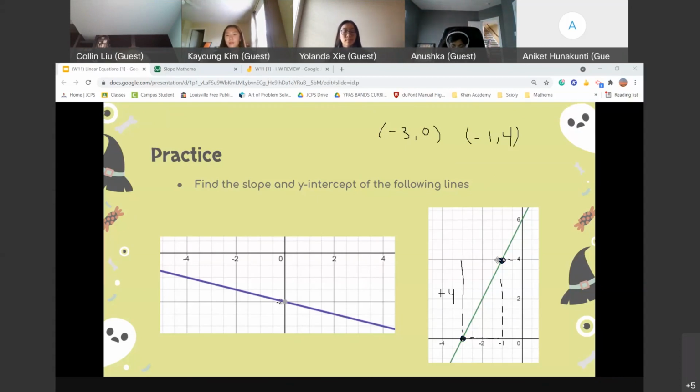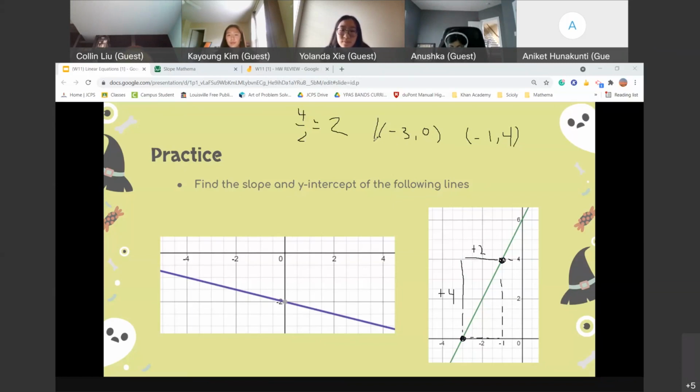Then I also have to move right 2. Moving right is positive. So now, +4 over 2 is 2 as my slope.